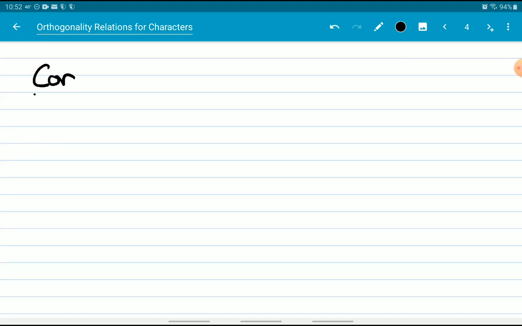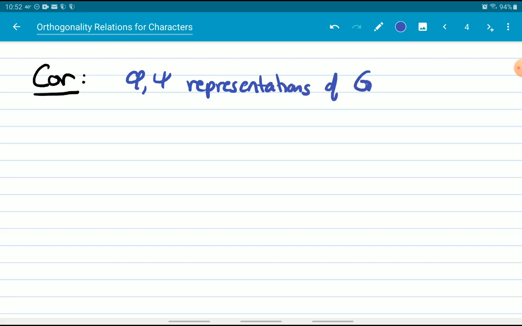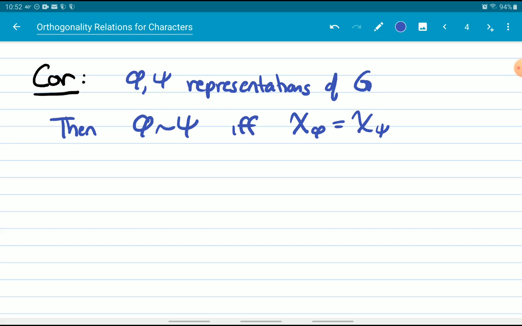Now we get a consequence which we have wanted. If I have two representations of the group G, then they're equivalent representations if and only if their characters are equal. In other words, the characters are a complete equivalence invariant of the representations.